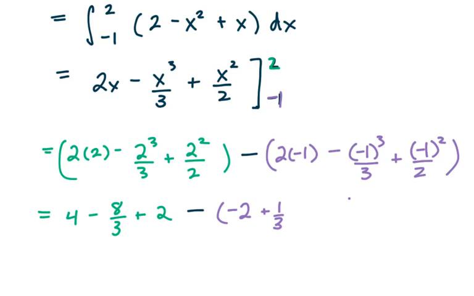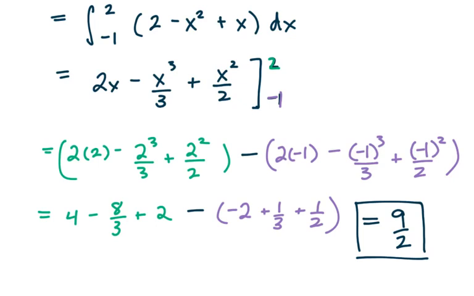That would be +1 when I square it, so plus 1/2. Calculating these values and adding them together, I get that the area between the curves is 9/2. And so there we have it. That's an example of finding the area between two curves.